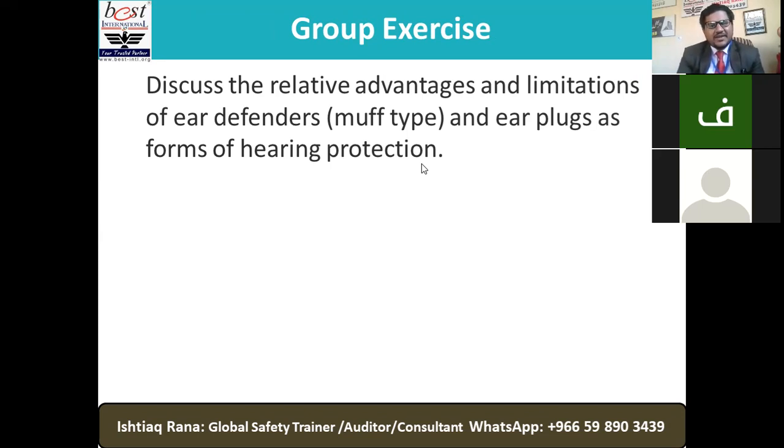We have to move on. So in that context, what are the advantages and limitations of ear defenders? Could be ear muff, could be earplugs. Like you provide earplug or ear muff, what are the advantages and limitations?